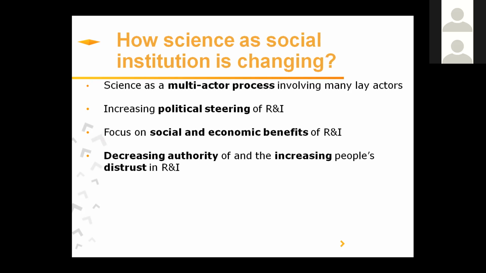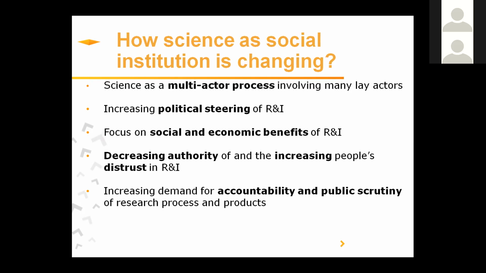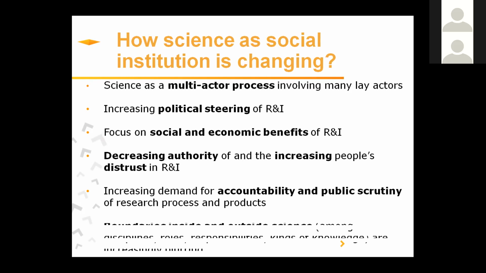At the same time, a decreasing authority of science and an increasing people's distrust in research and innovation can be observed. This is consequently linked to an increasing demand for accountability and public scrutiny of research processes and research products.